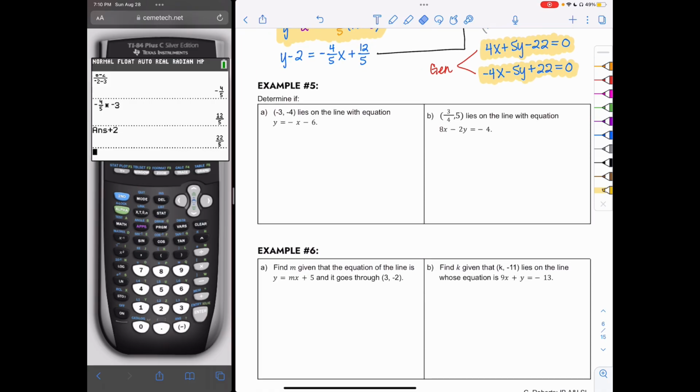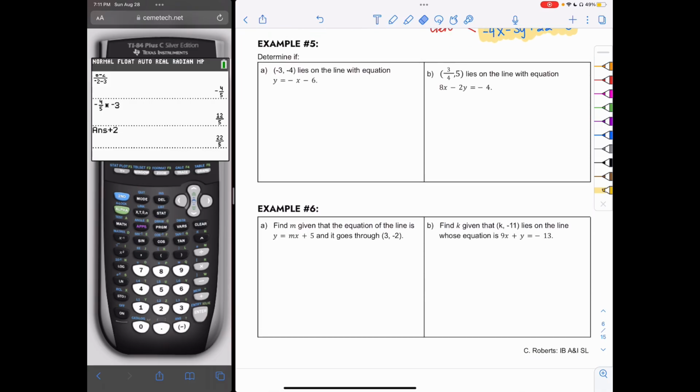Now if we look at example number 5, it says determine if the point lies on the line with the equation. If a point lies on a line, that means that if I substitute that point in for x and y, it's going to make the linear equation true. So all I have to do is substitute in negative 3 for x and negative 4 for y and see if the left side equals the right side. When I do that, I will end up getting negative 4 is equal to negative 3.